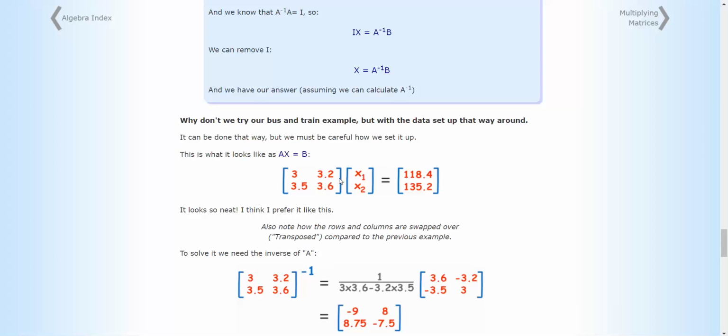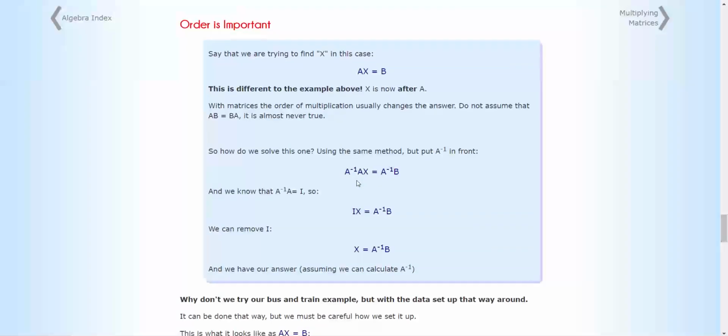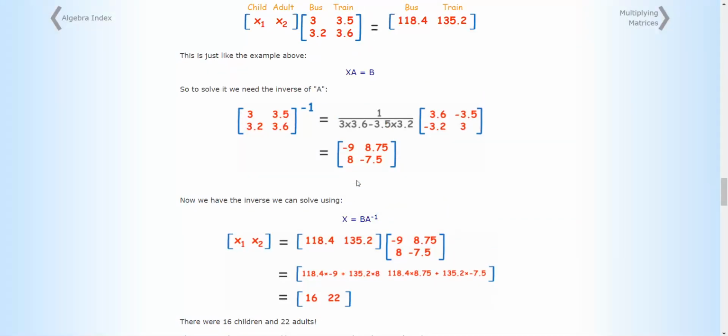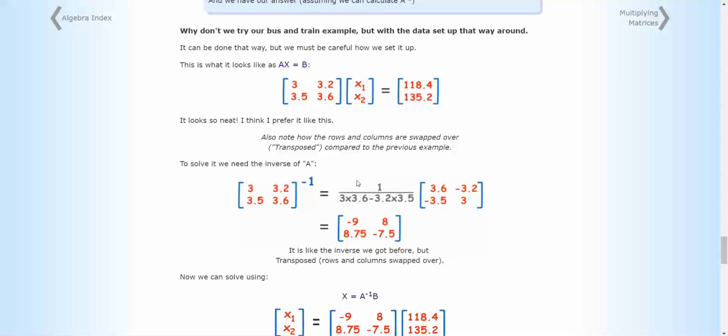Yes, it suffices the multiplication, I believe, isn't it? So if you have two rows, you have to have two rows here. Two columns, you have to have two rows. Not sure why that was the case though.